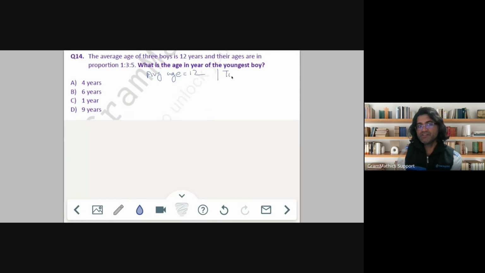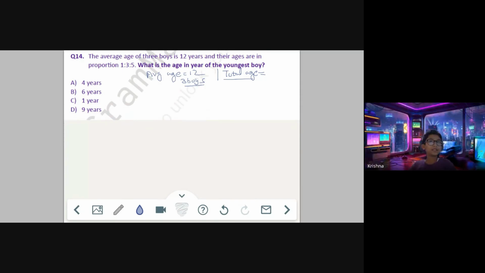Total of ages will be? Anybody? If average age of 3 boys is 12, what total age? Yes, Krishna. The total age will be 36.